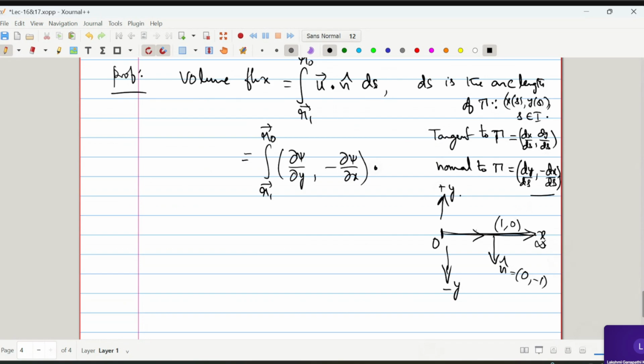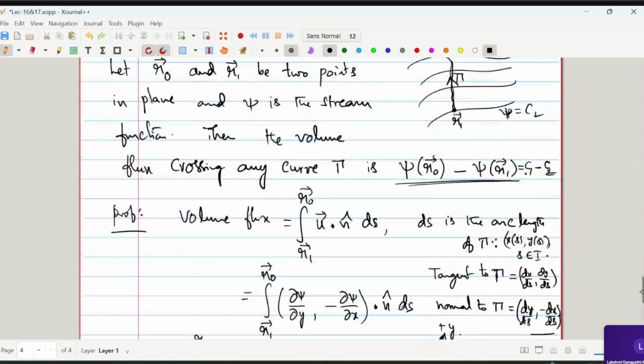I hope you already know this, so I'm just writing it here. You just put your n cap ds. Now this is a formality: we have R0 to R1, R1 to R0. I'm just fixing a point. Once I put ds, you cannot put this as r.